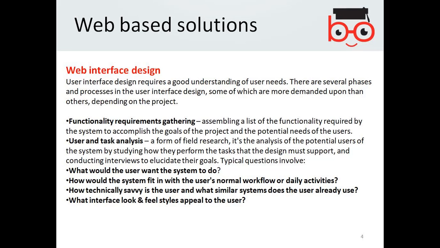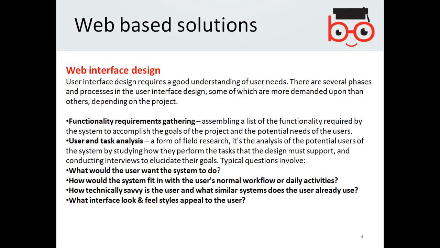Yeah, sure. That depends on the user and task analysis, on how the potential users of the system will perform these tasks. If you do not analyze their task activities, then your user interface will not be as efficient as required. Make sense? Yeah.